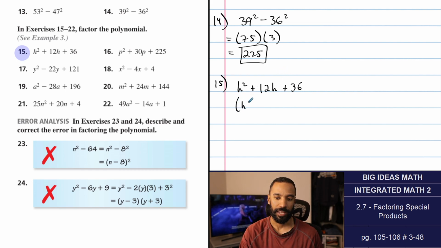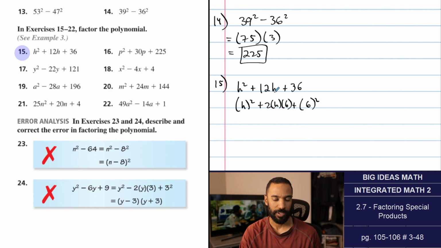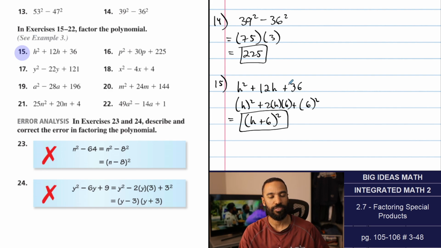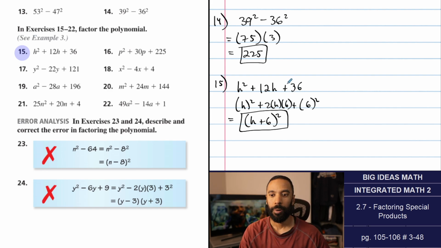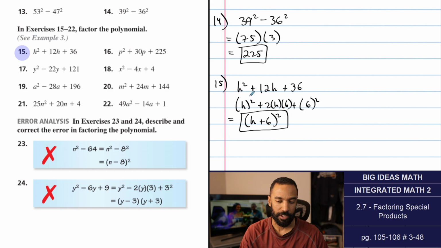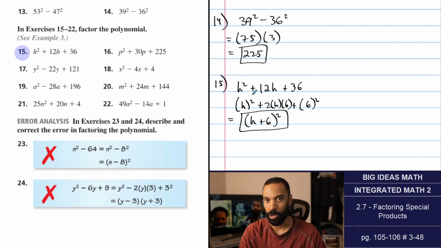But if we can recognize that this is a perfect square, this is a perfect square, and we're doubling those two things that we squared, doubling 6h, 12 is exactly that, 12h is that, then recognize we do have a perfect square trinomial, which turns into h plus 6 quantity squared. Once again, you may not think that this is faster, but it is if you recognize what it is and if you know how fast you can get to it.